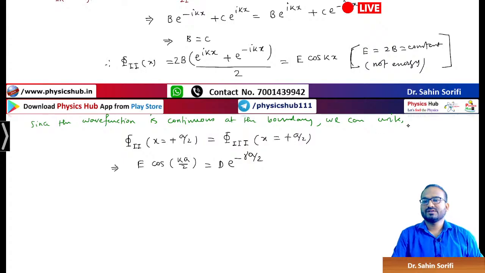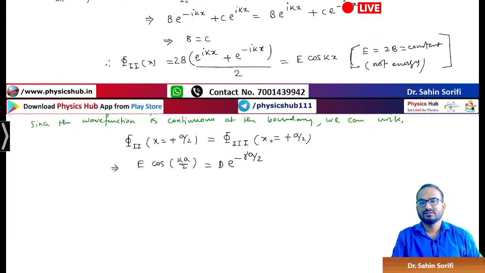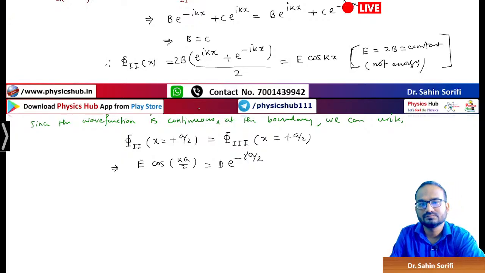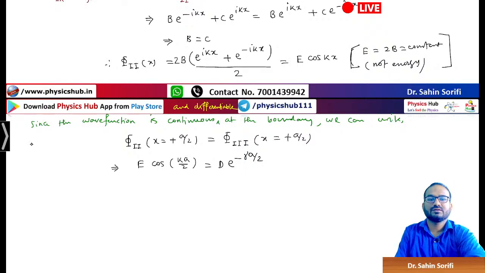The wave function is continuous at the boundary, and also differentiable at the boundary. So this is for the continuity condition.